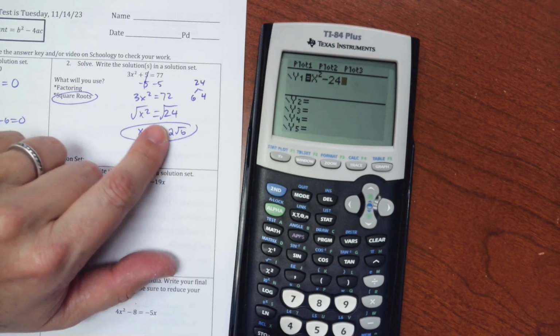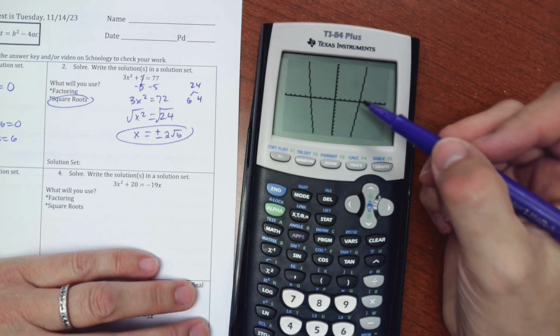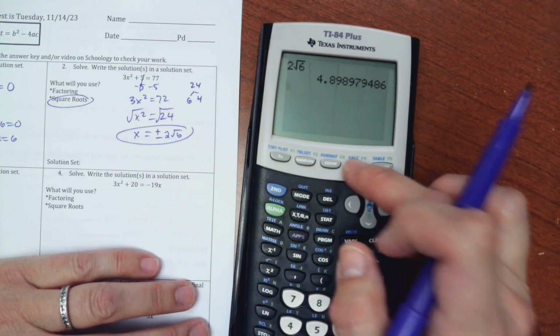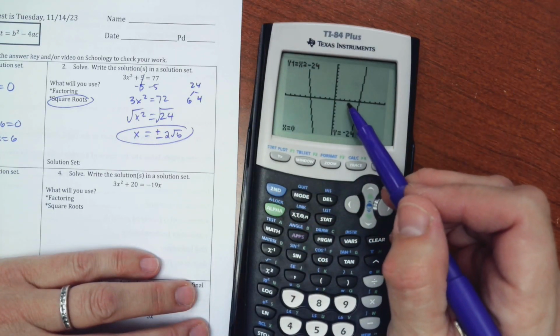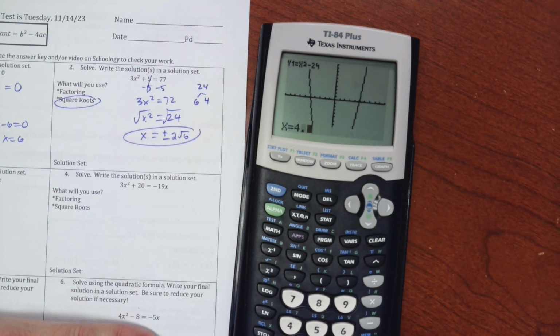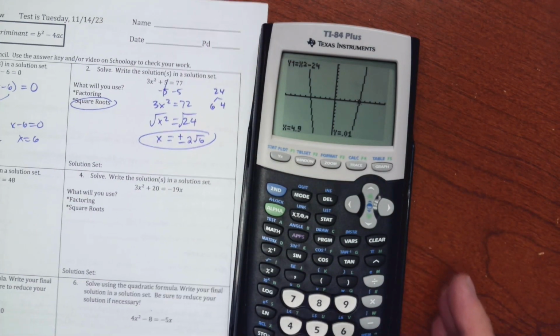You could do it up here, but it's easier here. And so when I graph it, see those points right there, what was it, 4.9? So if I go here, 1, 2, 3, 4, and it looks like almost 5, right? So if I trace and press 4.9, it's basically 0, but 4.9 is rounded off.